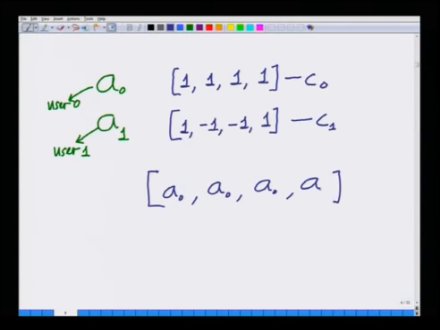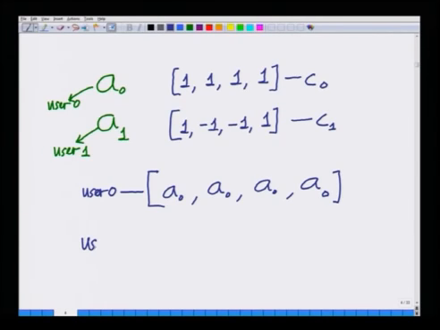This corresponds to user 0 after multiplying by the code. So, I am taking the symbol of user 0, which is A0, multiplying it by its code C0, that gives me A0 A0 A0 A0.